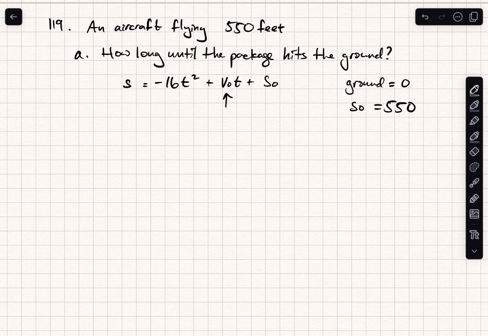This initial velocity is 0, so even though I have level flight in the x direction, my velocity initially in the y direction is 0. So rewriting this as ground is 0, s is 0, equals minus 16t squared plus 0. S sub 0, or initial position, is 550. I can use this to solve for t.